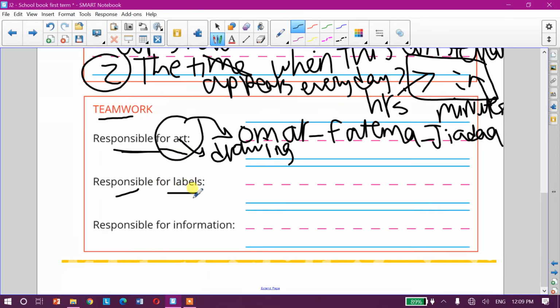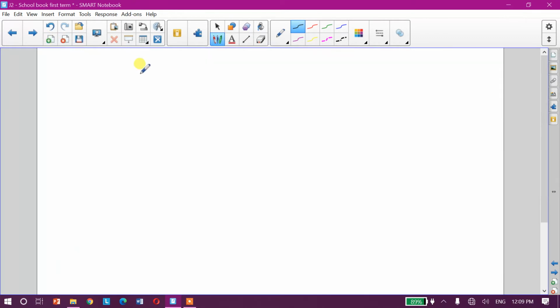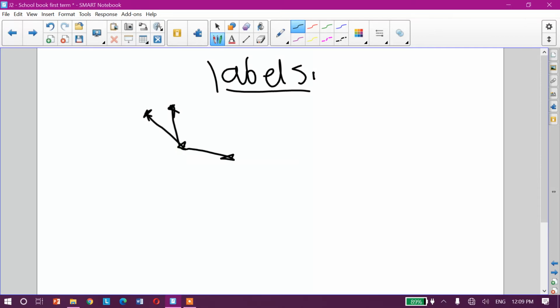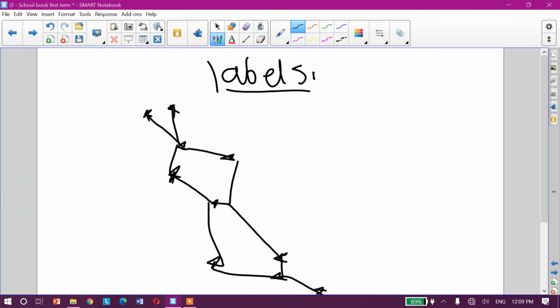If I draw Orion the Hunter, as we had it before, and he brings his arrow, and this is his bow, labels means information.